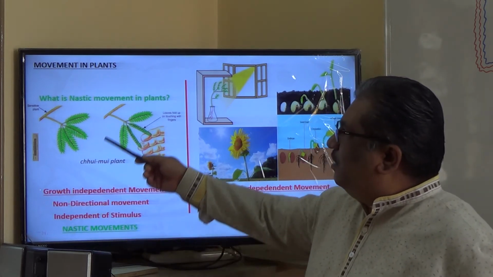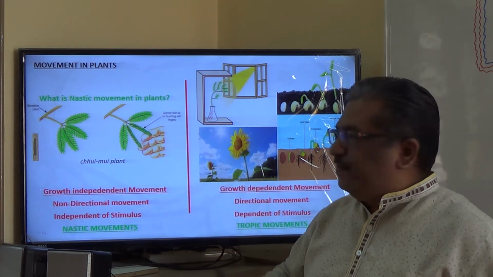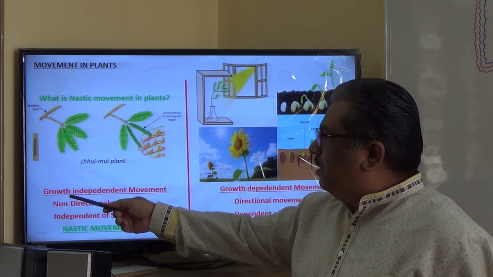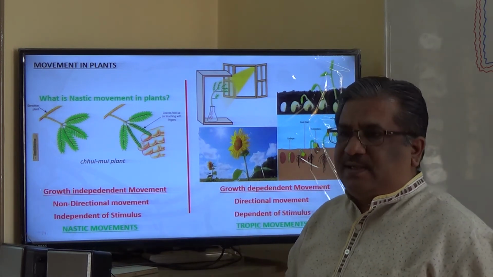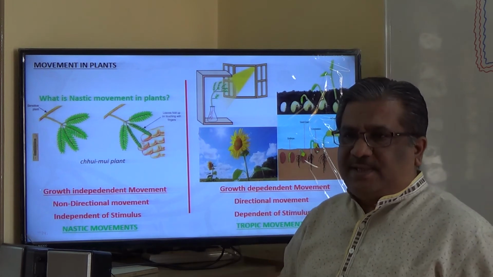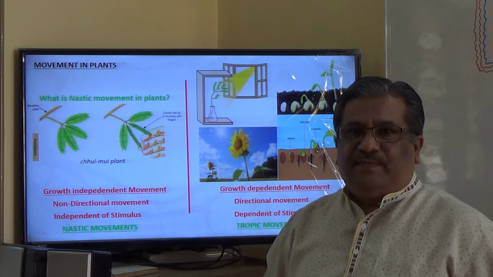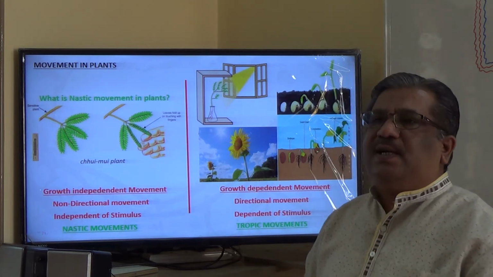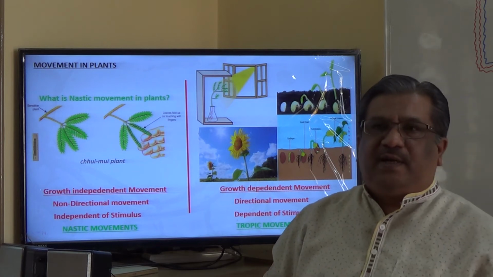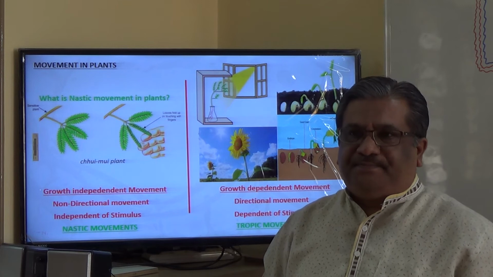And movements observed in touch me not plants are growth independent movements, non-directional movements, independent of the stimulus, and hence such movements are called nastic movements. So you have understood very clearly, tropic movements are the ones which are growth dependent, nastic movements are the ones which are growth independent.